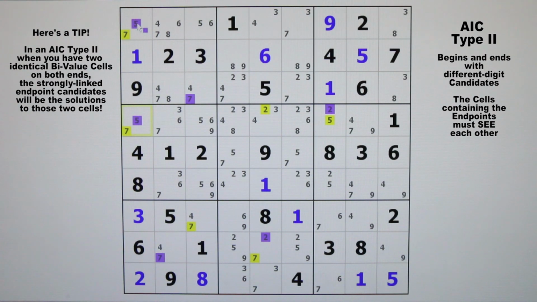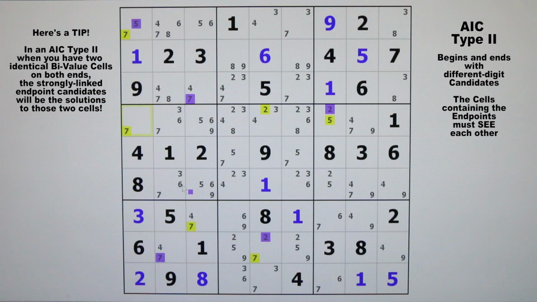And if this 5 is false, then by virtue of the chain and the definition of a strong link, 7 is true. If the 7 is true, the 7 is the solution for that cell, and the 5 will be false. So if this 5 is true, this 5 is false, and if this 5 is false, this 5 is false.